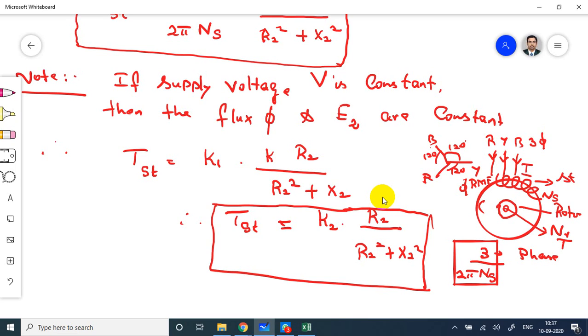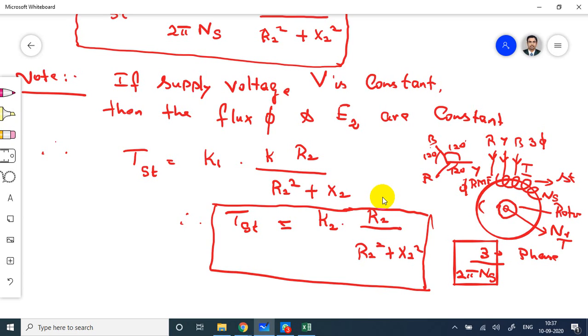It will be lagging as well as leading, based upon the winding, because the winding will be an inductance, and also based upon the load. So that's what we are getting: torque is directly proportional to flux per stator, rotor current and power factor cos phi 2. By using this basic equation, we are measuring the starting torque.